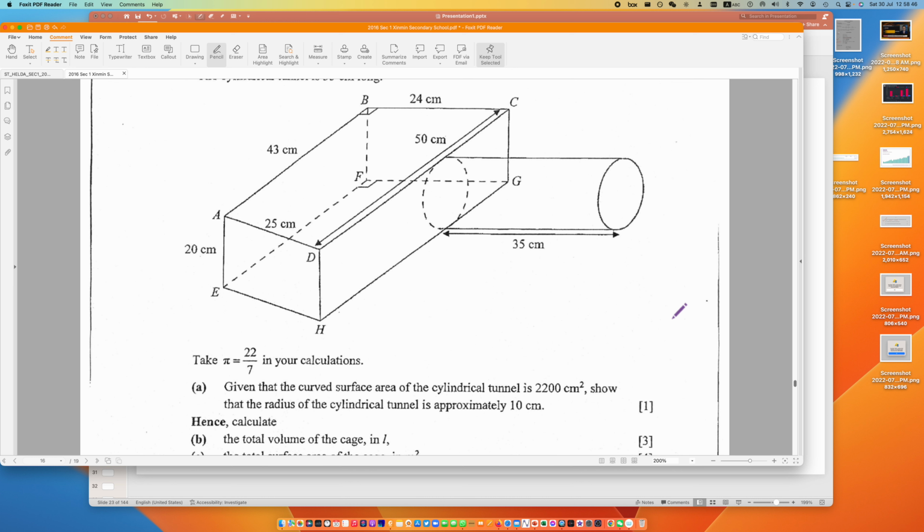Okay, how do you find the area of this thing? When you cut it into 2, you don't cut it into 4. What's the best way to cut it?